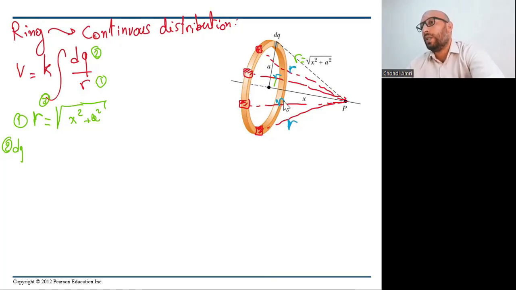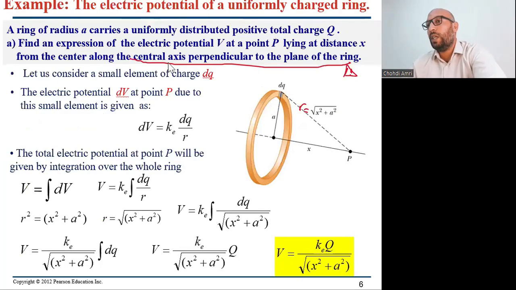Okay? R is the same, whatever the location of dq. Why? Because, as we said here, the point P is located at the central axis perpendicular to the plane of the ring.